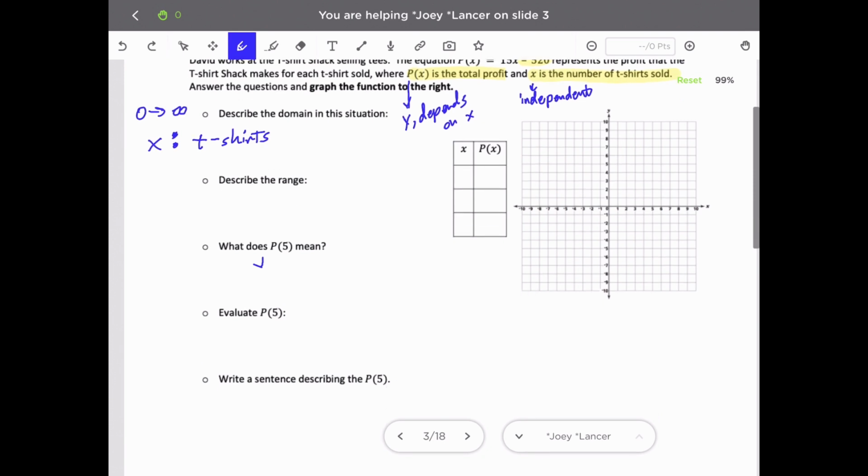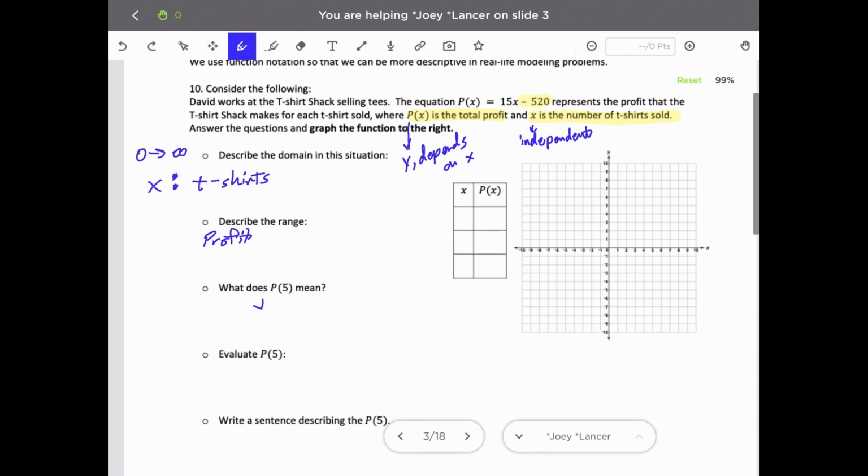Describe the range. The range is the profit, how much money you're going to make. And we know that we could not sell any, and it might go from a loss. So this is our P of x, which is minus 520 up to infinity, depending on how much we sell.